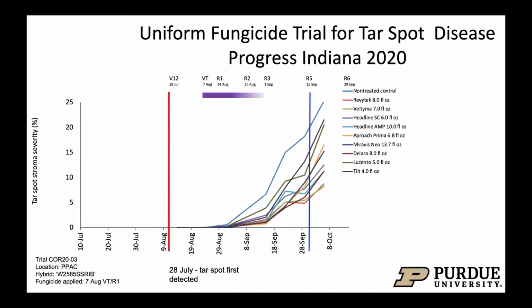And if you follow the top line, this is the development of the epidemic in the non-treated control, as compared to those that were treated at R1, R2 stage with a single spray of a number of fungicides. You can see how a number of these single applications have at least delayed the epidemic development.